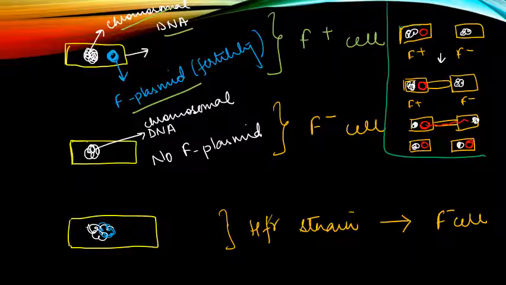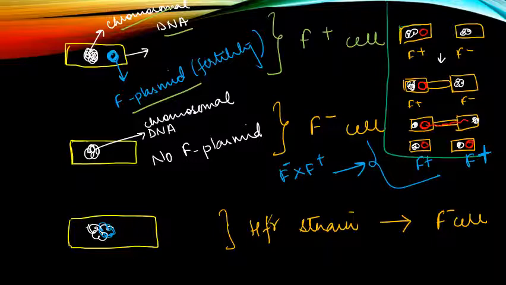So we can say that the F negative cell has also changed to F positive. This type of conjugation we call F positive, F negative conjugation.